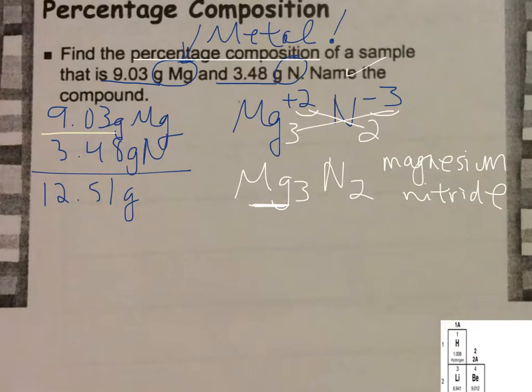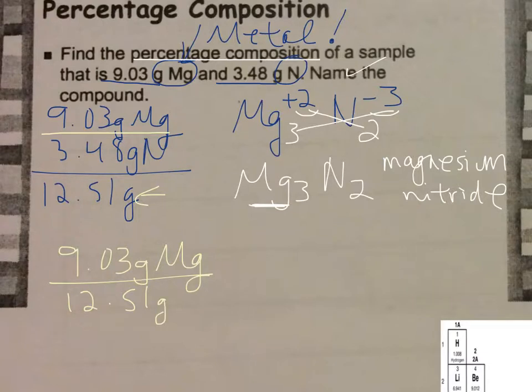We know that we have 9.03 grams of magnesium. Yay, they already told us what we needed. That's the part out of the whole of 12.51 grams of Mg3N2 times 100%. Plug that into the calculators.